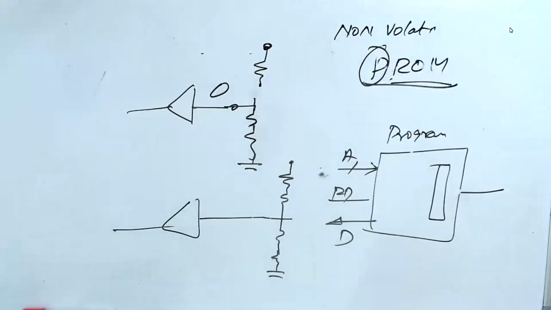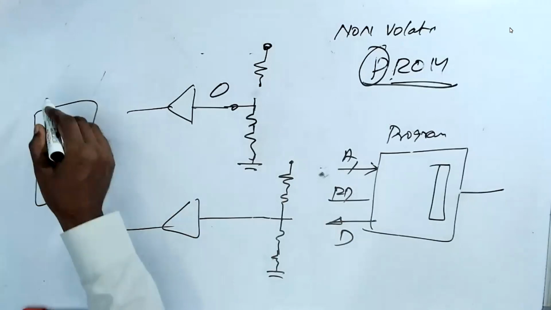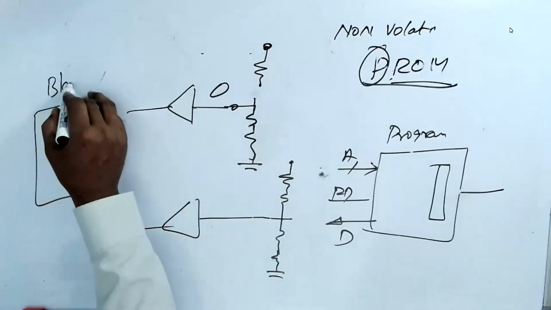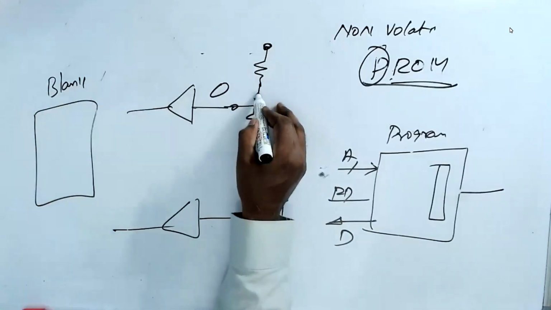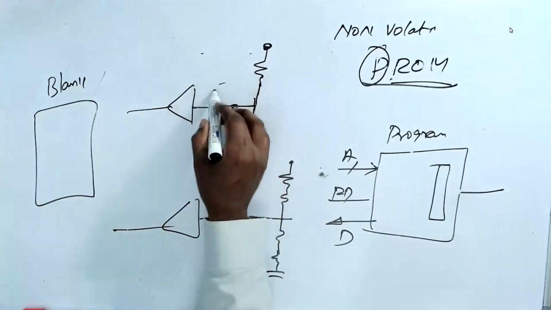But the beauty is the company allows you to cut the fuse. Am I right? That's the thing they have done. Let's say I bought a chip. It's called blank. When I connect both the ground and 5 volts, this is always 5 volt.